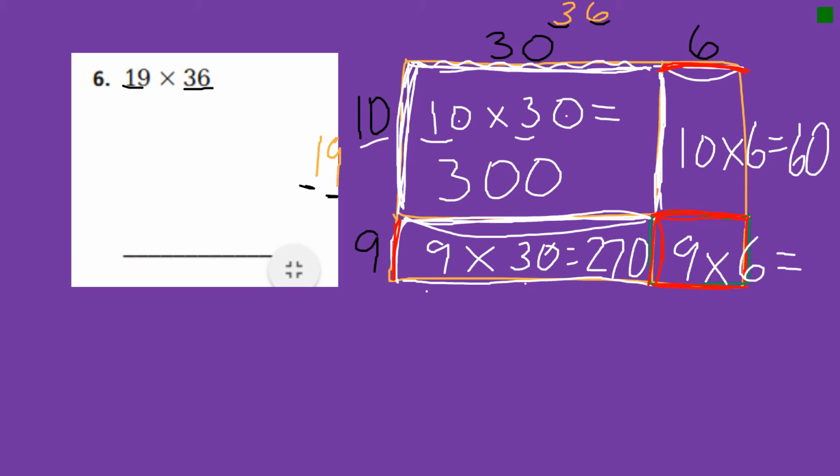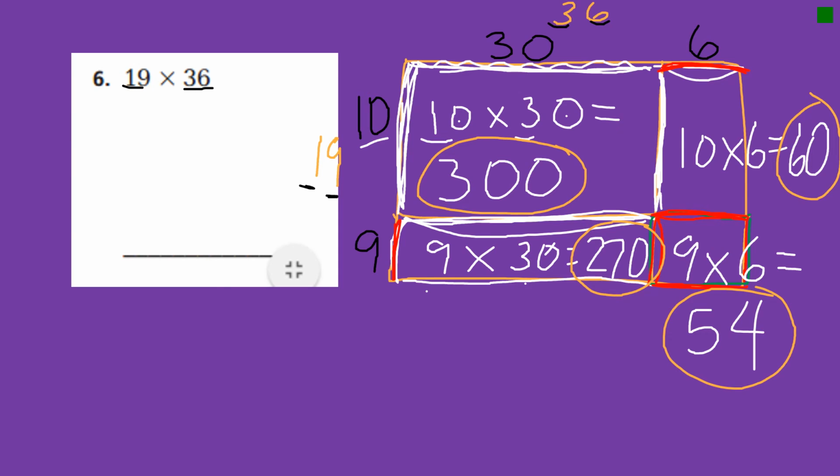So what's 9 times 6? Well, I bet you know 9 times 5, right? 45 plus 9 more, 54, or you can use your handy dandy nines trick. All right, guys? All right, so we just used an area model, and we found 4 partial products.